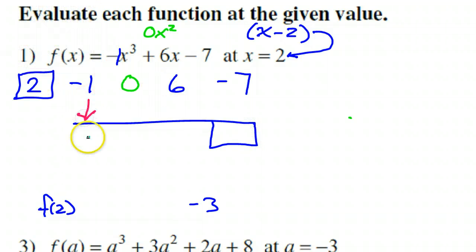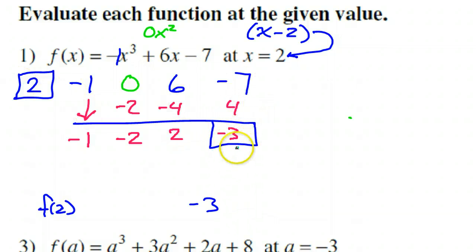So we'll bring this guy down. Negative 1 will multiply and add, multiply and add, multiply and add. Notice that the remainder is the same thing we got when we did direct substitution.